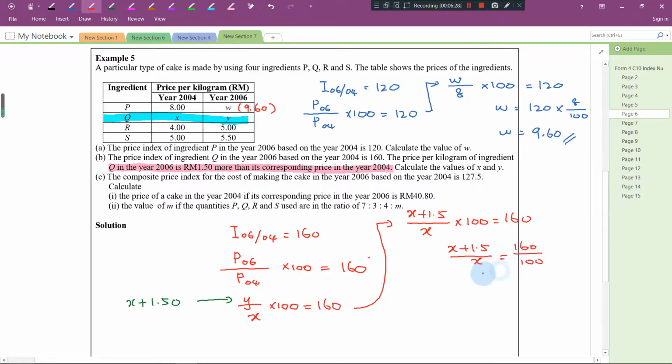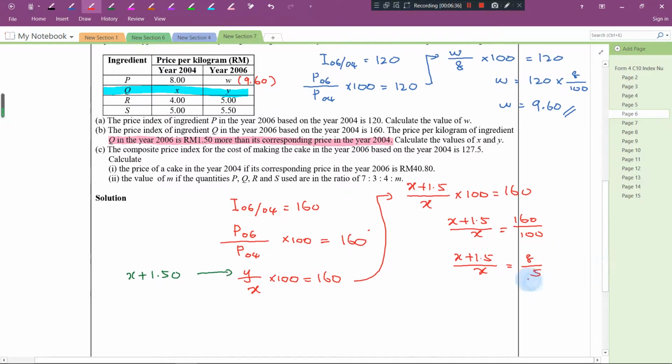Okay, this is 8 over 5. Now I'm going to use cross multiplication to help me solve this equation to get the value of X. 5 times this is equal to 8 times X, which is 8X. Okay, here we just do some expansion.